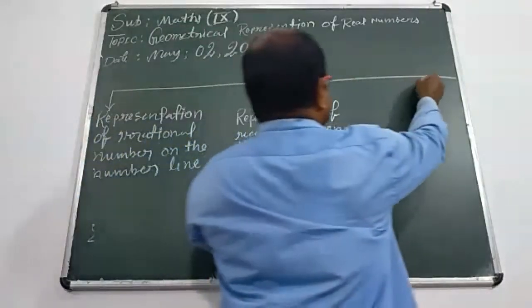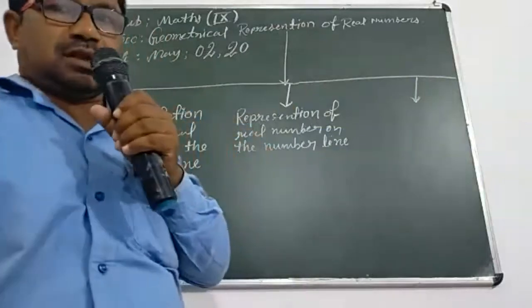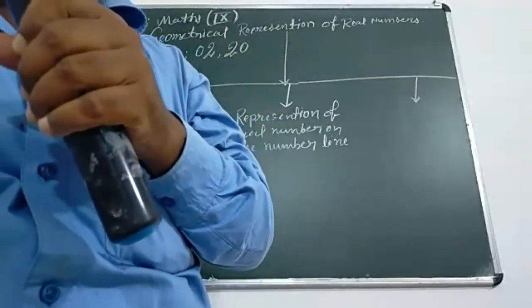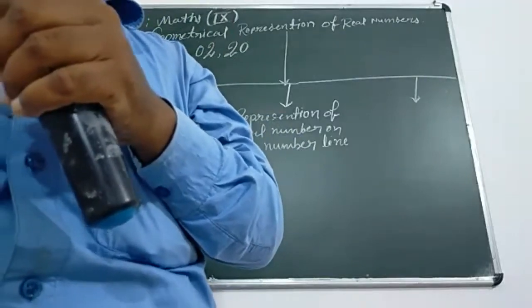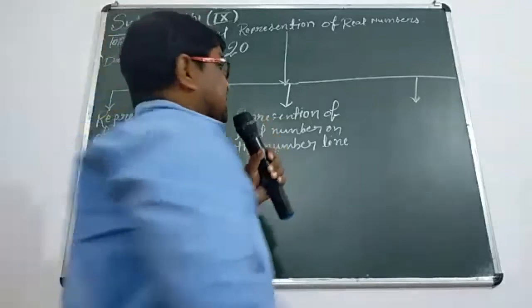And third, representation of rational number on the number line by successive magnification.